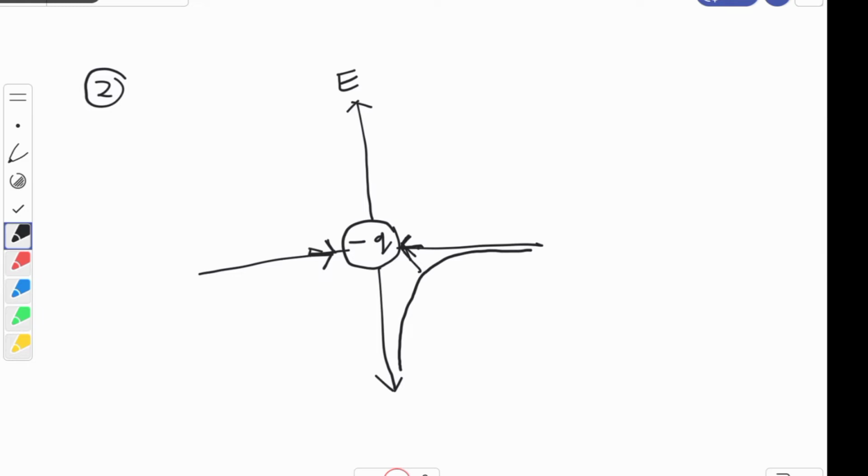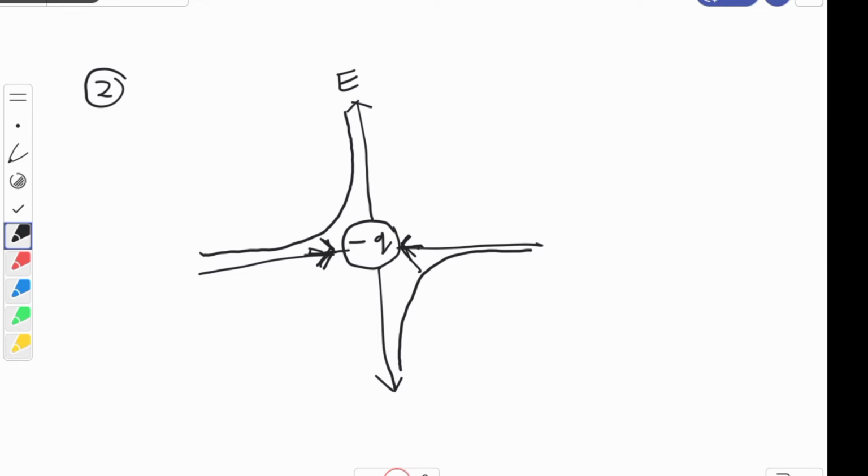Come over here, this point. Here also, now it is towards right. Towards right means it is in the positive axis. We'll plot the electric field in the positive axis. Again near to the charge, the electric field will be maximum, so it is almost infinite. As the distance increases, your field also decreases. Got the plot? E versus distance, electric field versus distance for a negative charge.